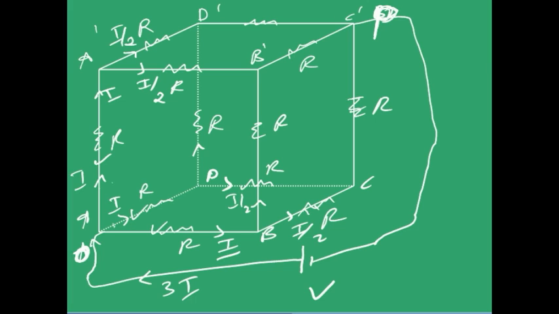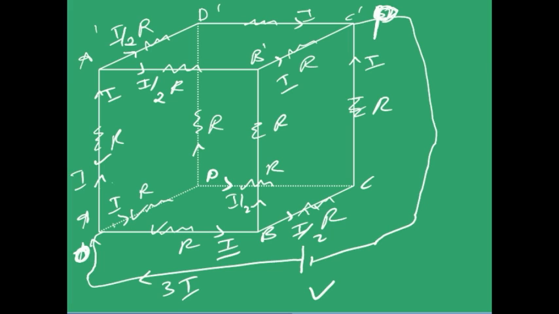Observe this. The I by 2 current coming from A dash B dash and B to B dash gets added up here, and you get a current I here again, which is going from B dash to C dash. Okay. Similar thing happens here also, because this is obvious, because D dash C dash, B dash C dash, and C C dash, even those three resistors are equal and they are in equal electrical environment.